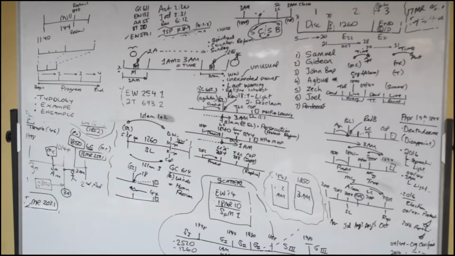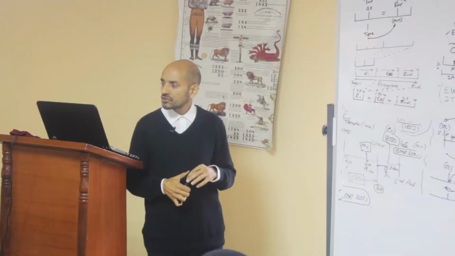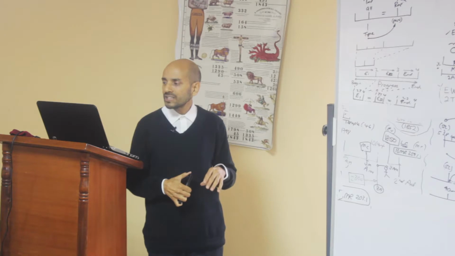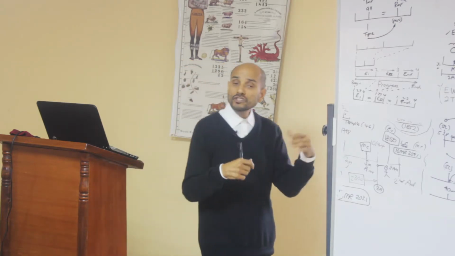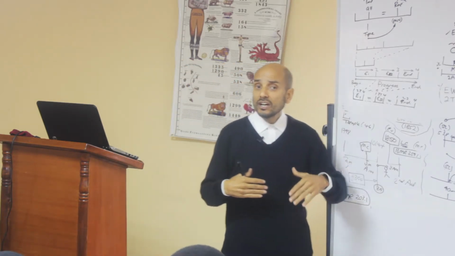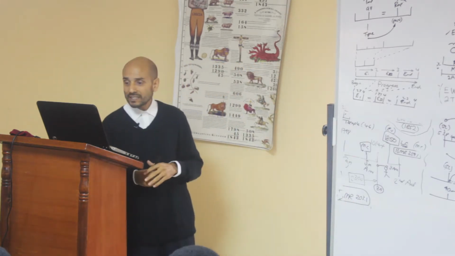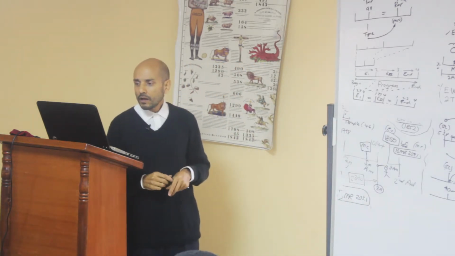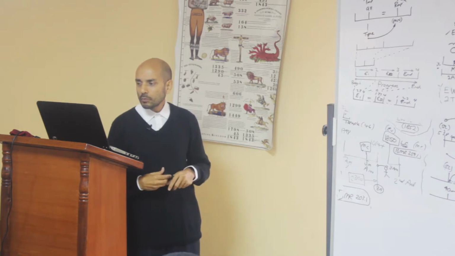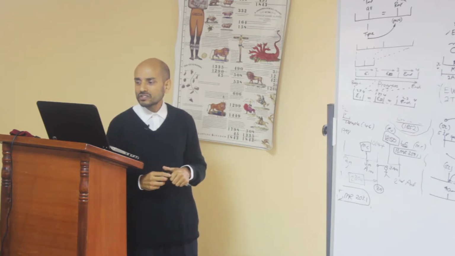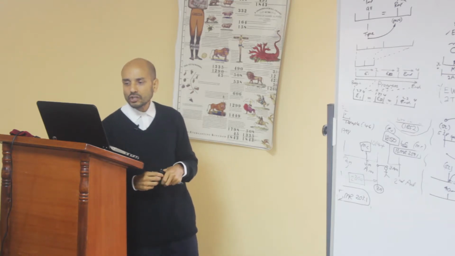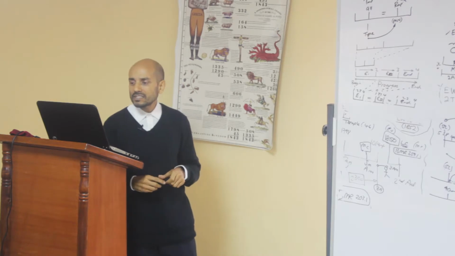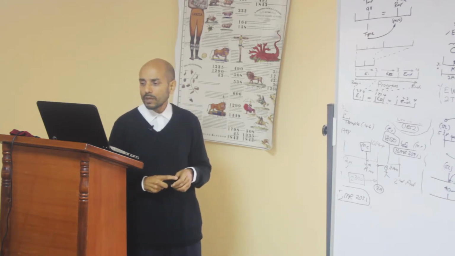The Holy Ghost thus signifying that the way into the holiest of all was not yet made manifest, while the first tabernacle was yet standing. Which was a figure for the time then present, in which were offered both gifts and sacrifices that could not make him that did the service perfect, as pertaining to the conscience, which stood only in meats and drinks and diverse washings and carnal ordinances, imposed on them until the time of Reformation.